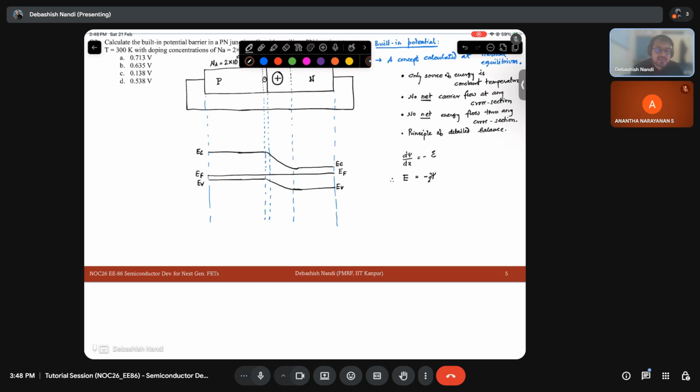So if your energy bands are like this, your potential will simply be like this. This is your psi.